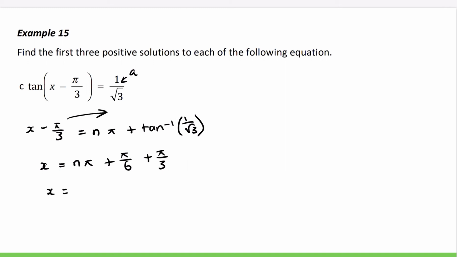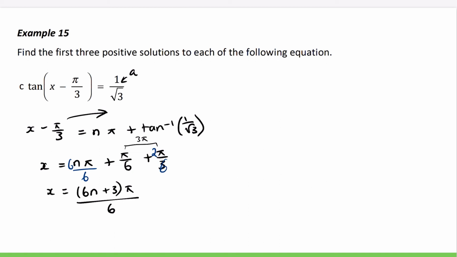I'm now going to put this all on the same denominator, again, right away. So if I want this to be on 6, there will be a 6 there. And this one to be a 6, that becomes 2. So it'll be 6nπ plus 2π. π plus 2π is 3π, and then there's 6n there. So I can do 6n plus 3π on 6. So all I've done is I have just gone a little bit faster with this one.